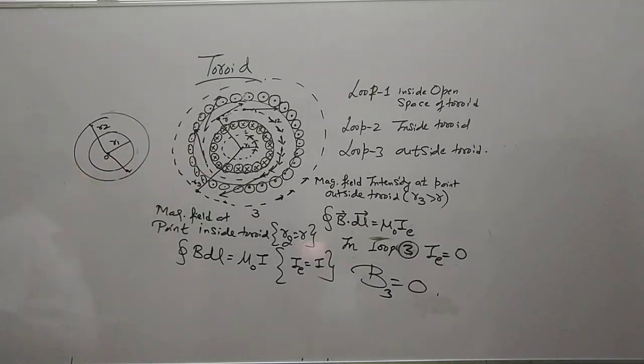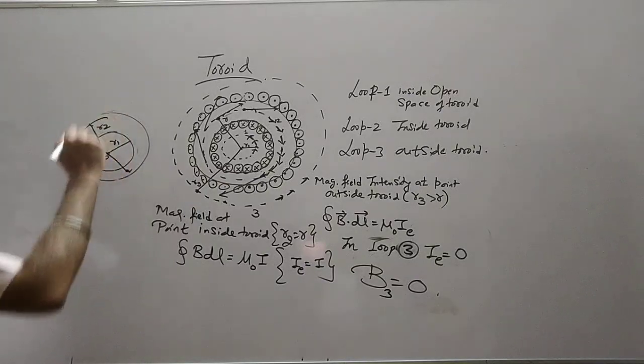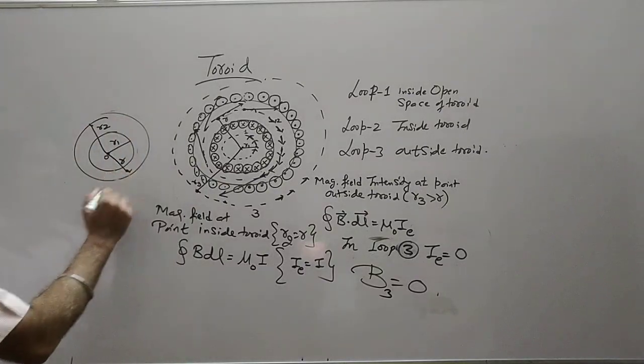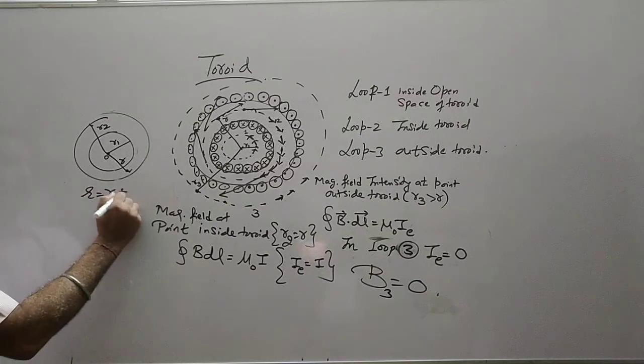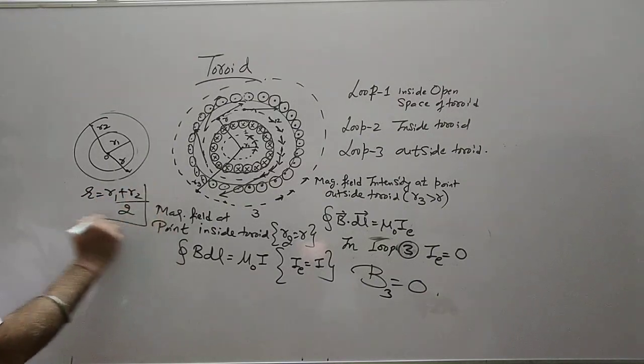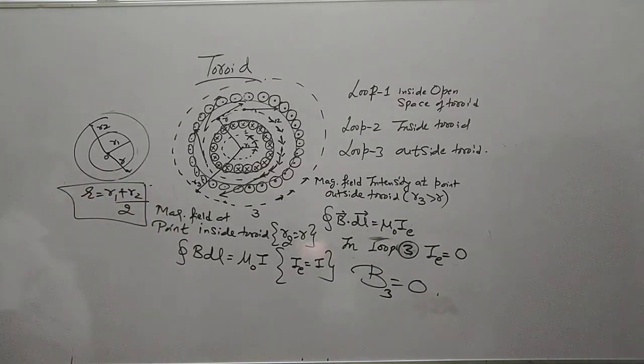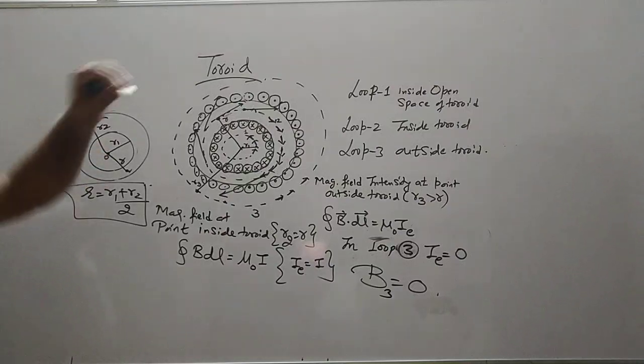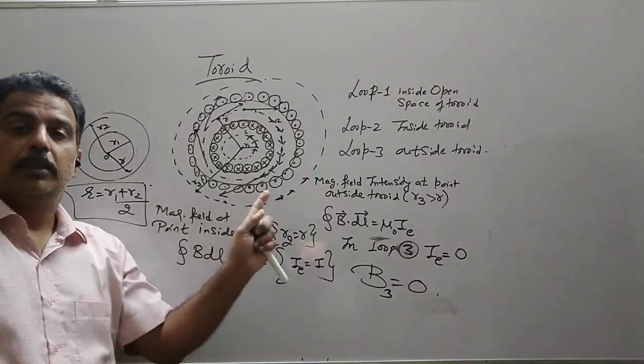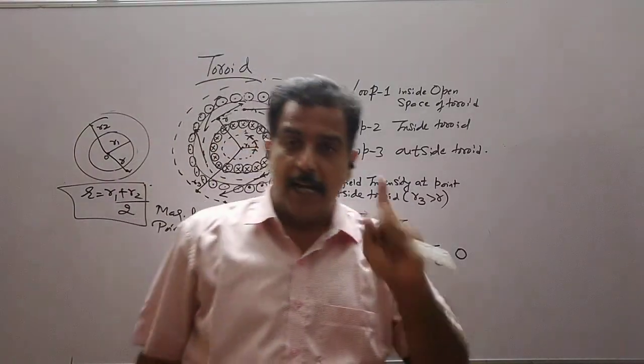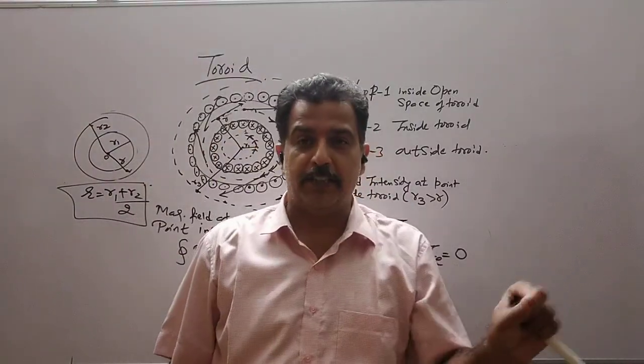But if there is a thickness and they give you the inner and outer radius, in theory we take this R. So in the numerical, simply write R is equal to R1 plus R2 divided by 2 if the inner and outer radius are given to you. Here we assume the toroid is ideal, that is, perfectly circular.